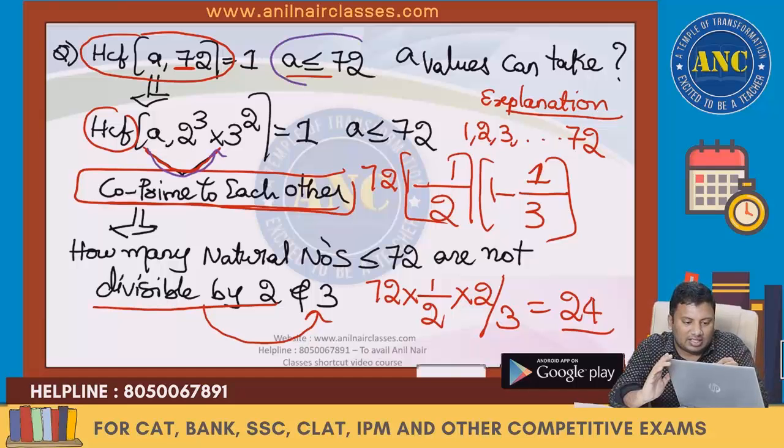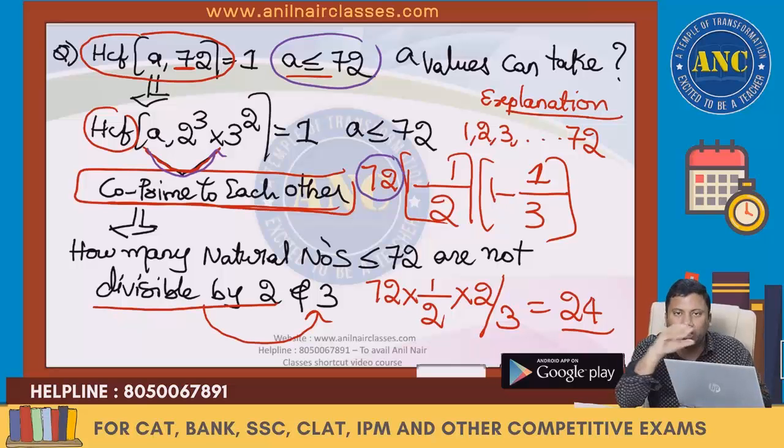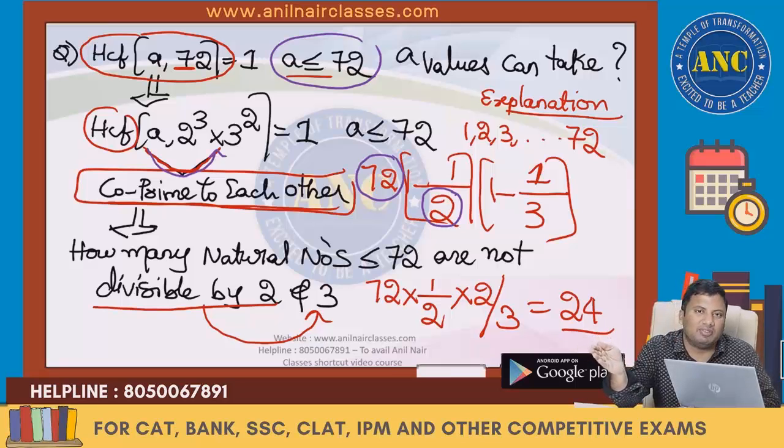Because A is less than or equal to 72, if the numbers are written in serial order, out of every two consecutive numbers one is divisible by 2. How many are not divisible by 2? Total minus the numbers which are divisible gives the numbers which are not divisible.